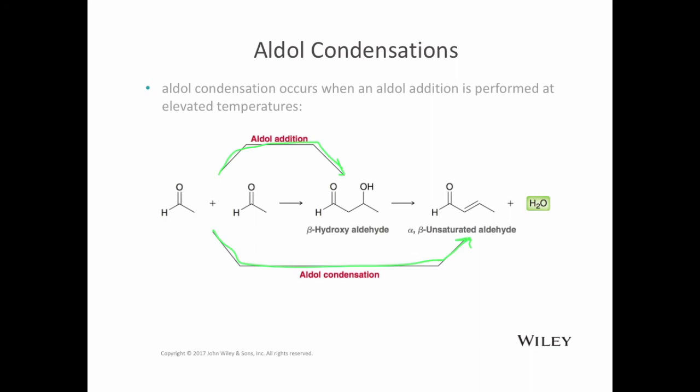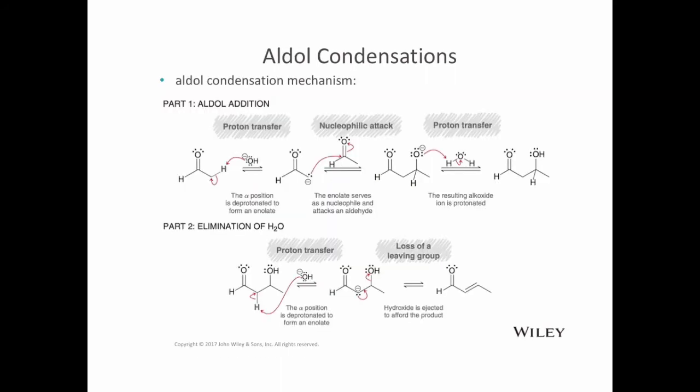And the driving force for this is that you get this conjugation between that double bond and that double bond. So for the mechanism, you have the aldol addition, which you've already seen, and then you have elimination of water. If we're in base, you can deprotonate that alpha carbon to form the enolate, and then that lone pair can form the carbon-carbon double bond, kicking off hydroxide.